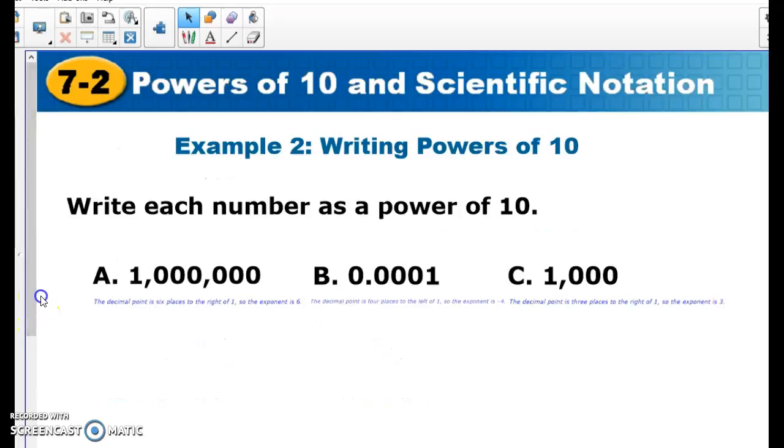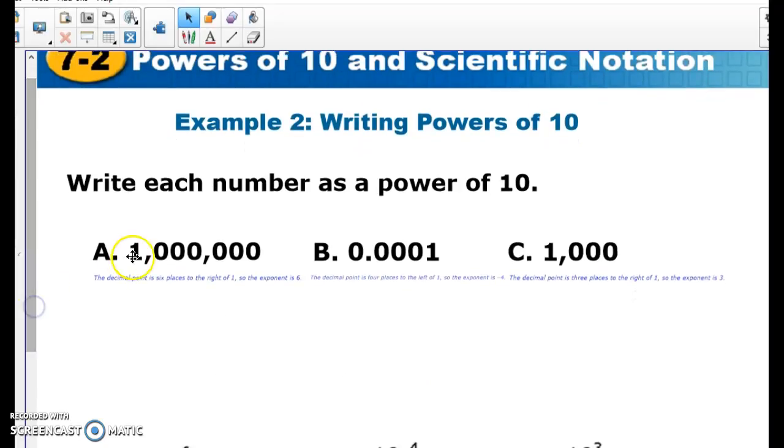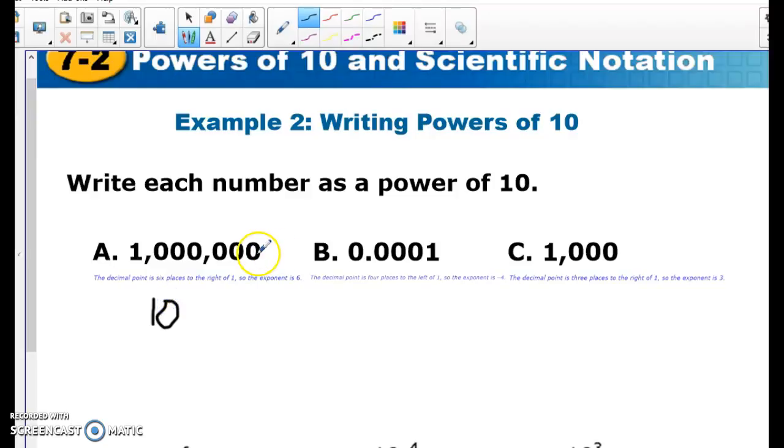Okay, so if I want to rewrite 1 million, another way to rewrite that would be, I know I have a 10 here somewhere, and then I am moving my decimal over 1, 2, 3, 4, 5, 6. I could say it's 10 to the 6th power.